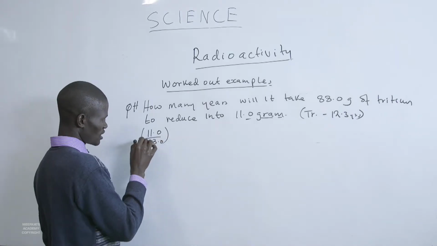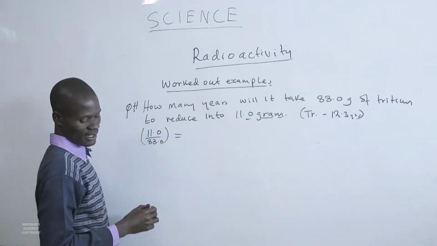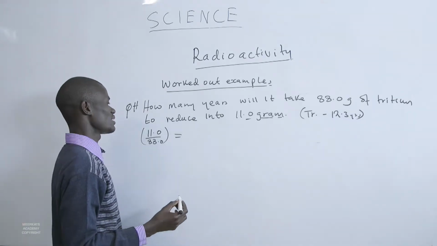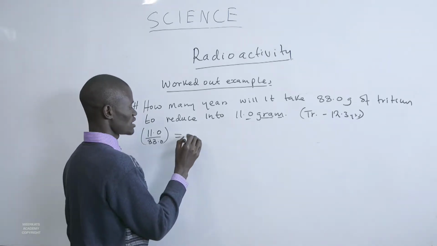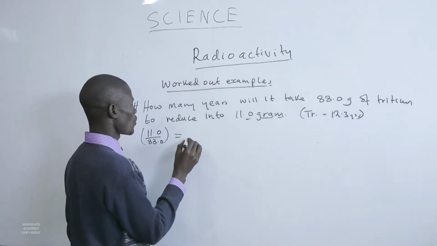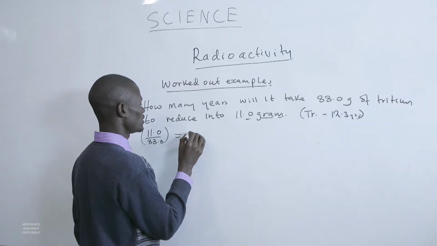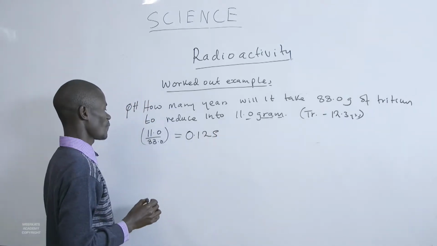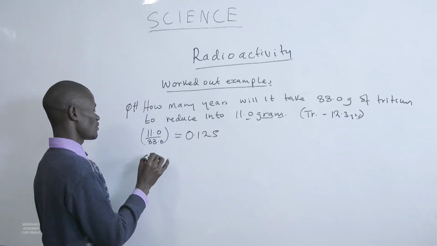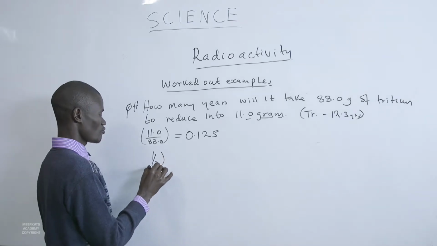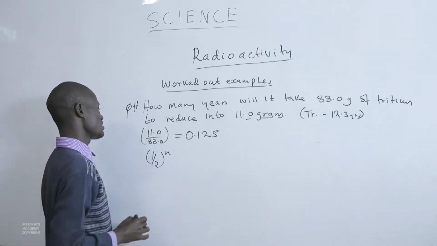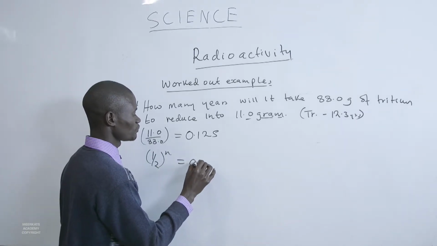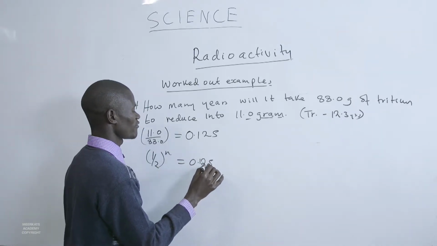This gives us 0.125. And then we bring out our formula of half-life, which is given by this, and we equate it to 0.125.